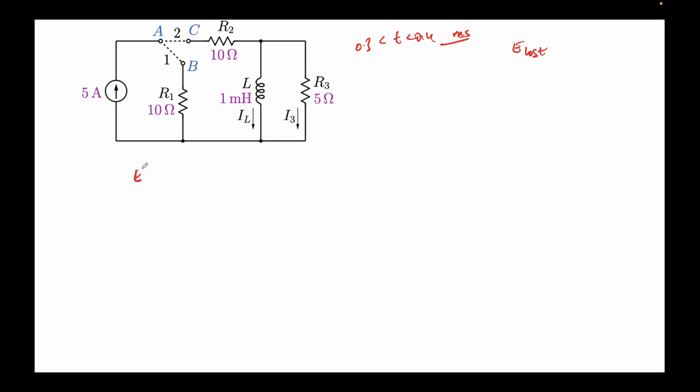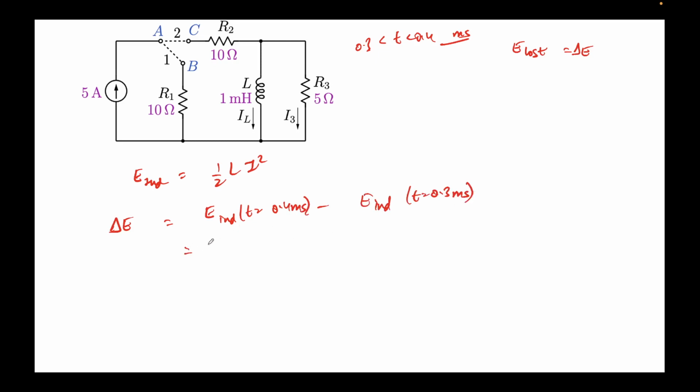We know that the energy of an inductor is equal to half L i squared, where i is the current through the inductor. Let's call this delta E. So delta E would be the energy of the inductor at t equal to 0.4 milliseconds minus the energy of the inductor at t equal to 0.3 milliseconds.